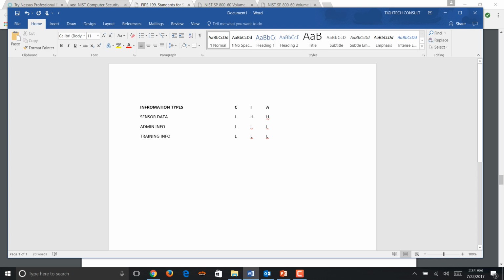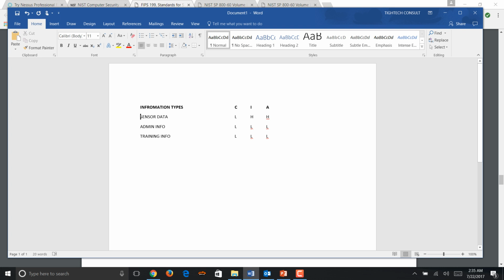What it means is if there is a loss of confidentiality, meaning if there is a security breach on this system and there is unauthorized exposure of this sensor data, the impact, the severity of damage will be minor. That is what this is talking about under loss of confidentiality.